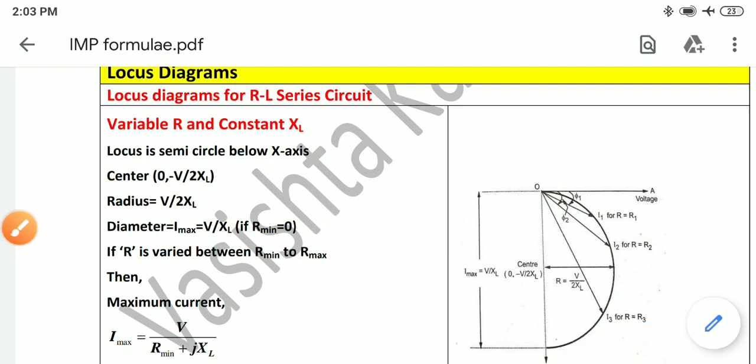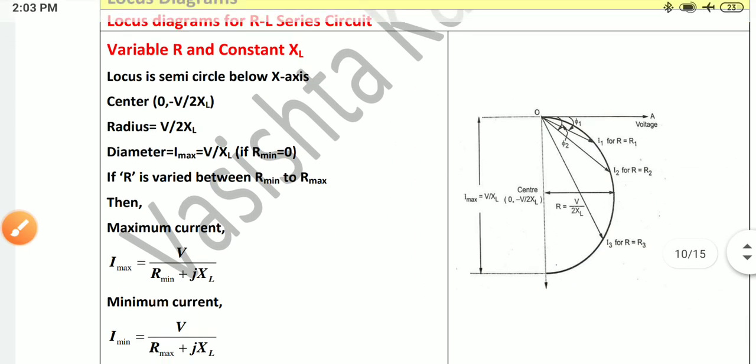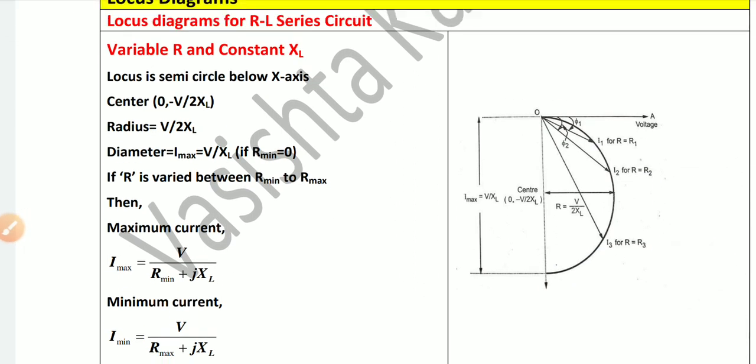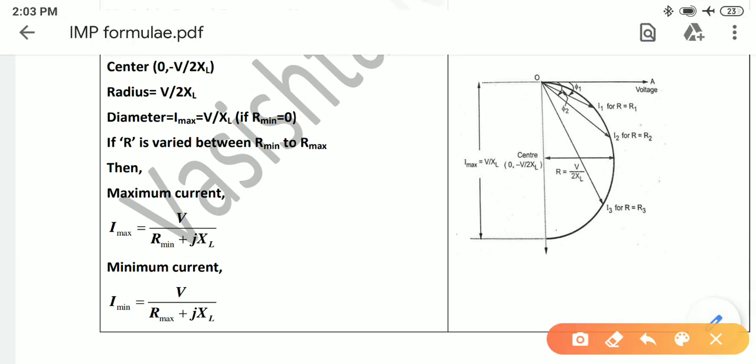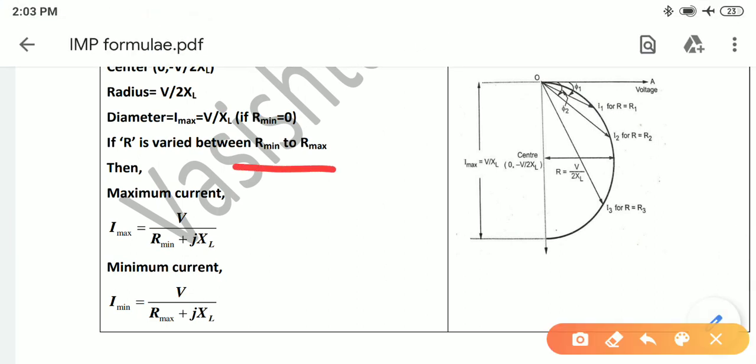But sometimes the minimum value of resistance is not 0, but has some finite value. In such conditions, how do we calculate the maximum current? If the resistance is varied between a minimum value and a maximum value, both finite, then we know that maximum current is obtained with minimum resistance, and minimum current is obtained with maximum resistance.